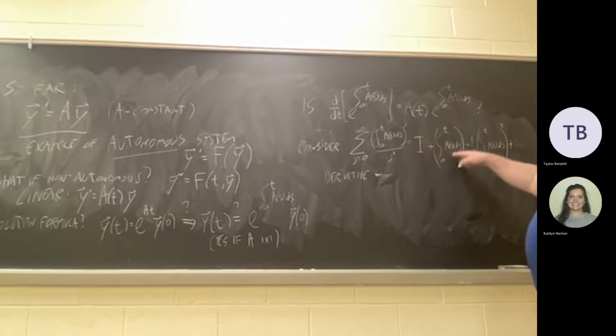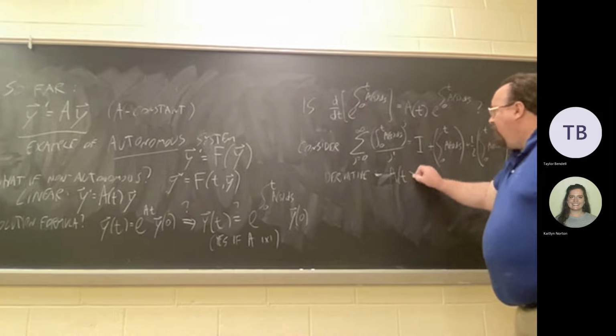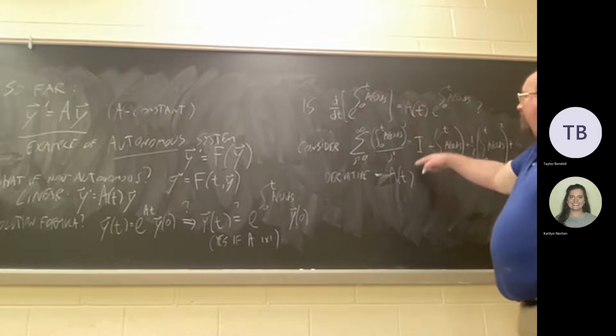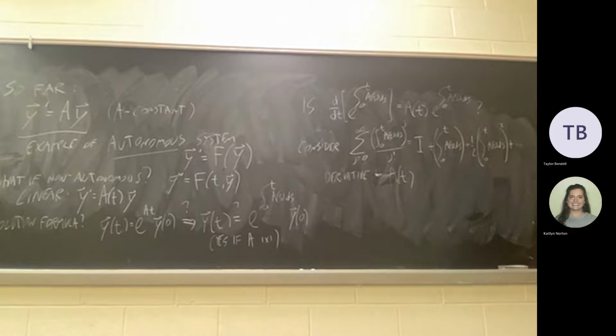And then the derivative of this is just going to be, by the fundamental theorem of calculus, you take the limit and plug it into the integrand, so it's just A of t, which is the first term times A of t, so go us. So far so good. And now we go over here.